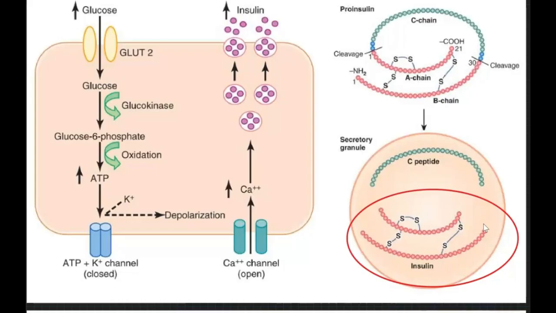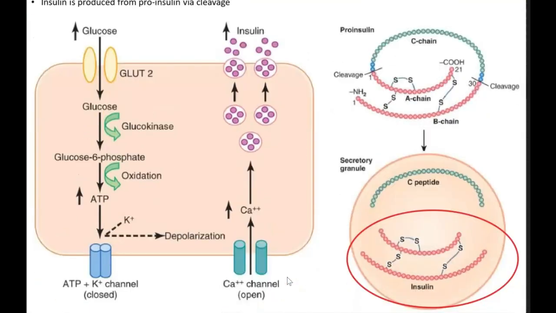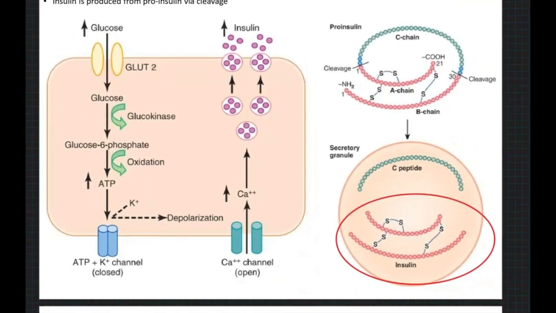Well, in my opinion, this is one of the most elegant regulation pathways that exist in the human body. It all starts when blood glucose increases. Increased blood glucose means that more glucose enters the cells, the beta cells, in the pancreas.